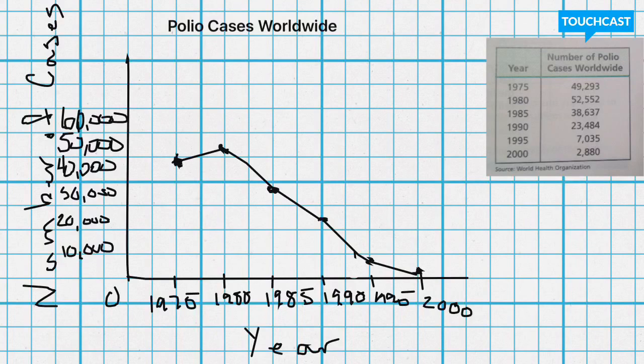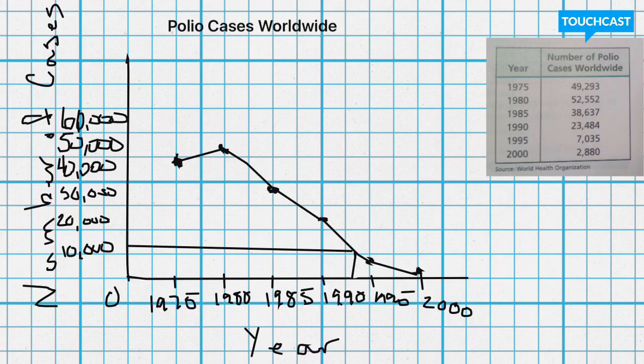Now, 1993 was between 1990 and 1995, but we're not quite to 1995 yet, so we'll draw a line up from where we think about 1993 is, and then we'll draw a line over to our vertical axis. Now, what we see there is it's just a little bit above the 10,000 mark.